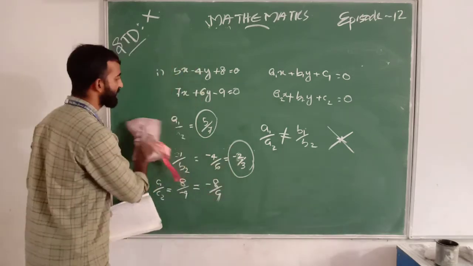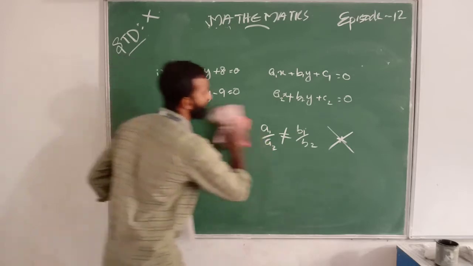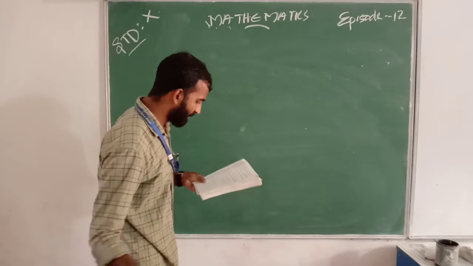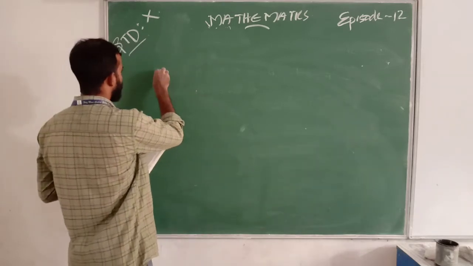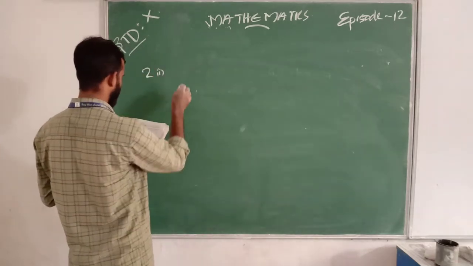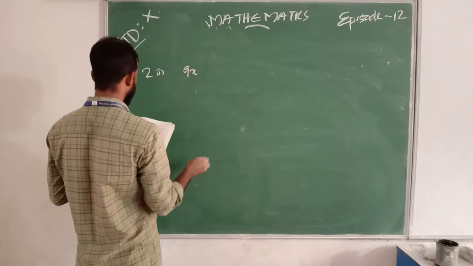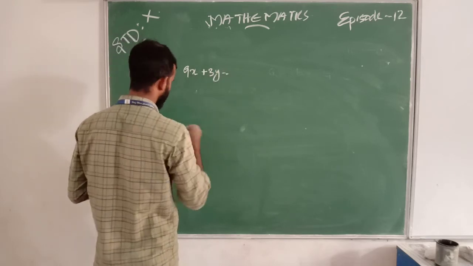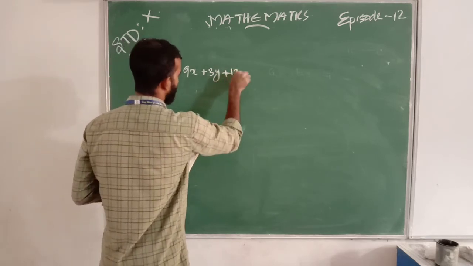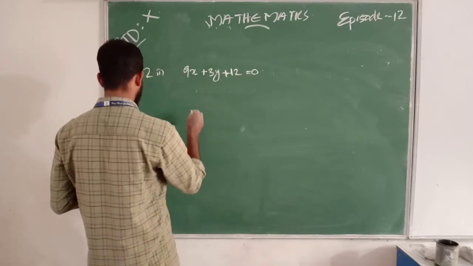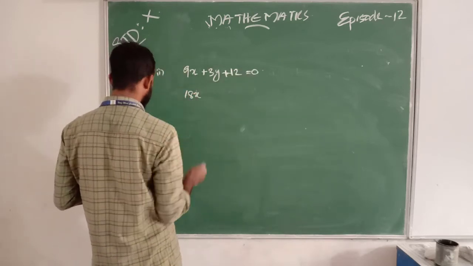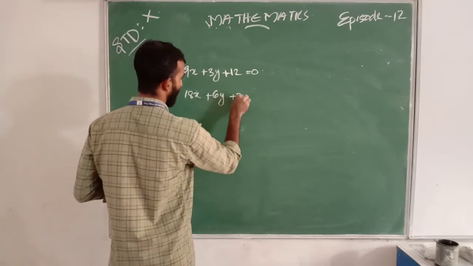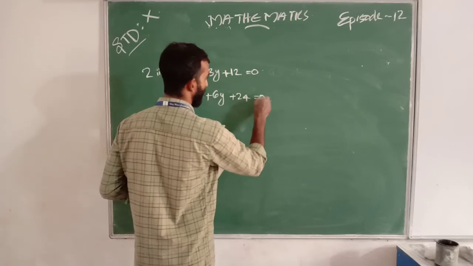Next one, what is the second one? 9x plus 3y plus 12 equal to 0, and 18x plus 6y plus 24 equal to 0.